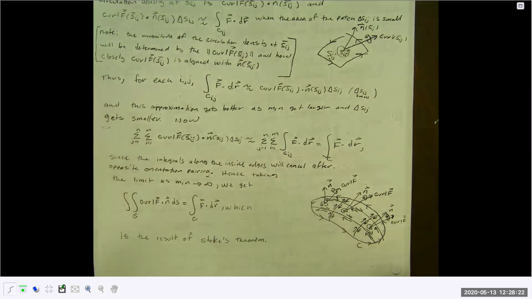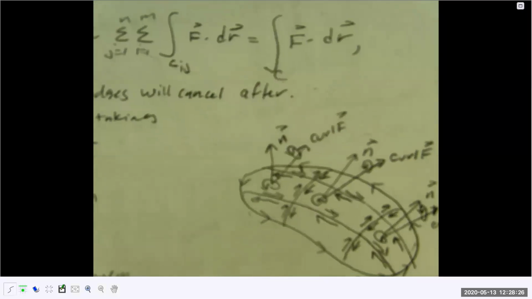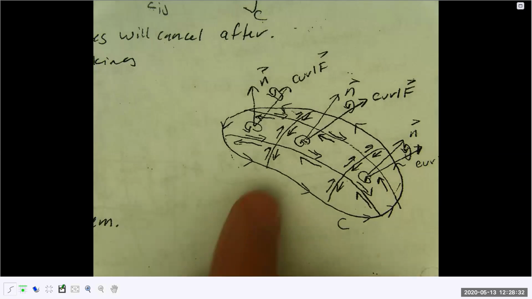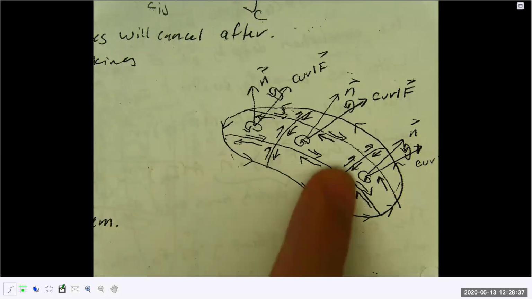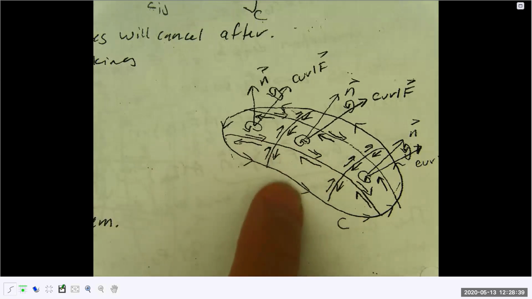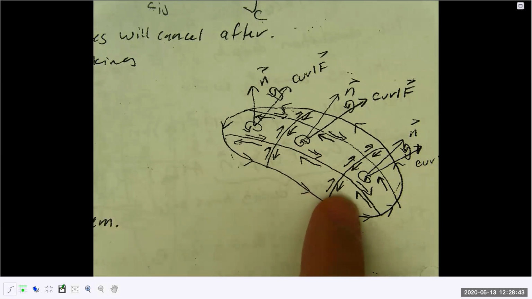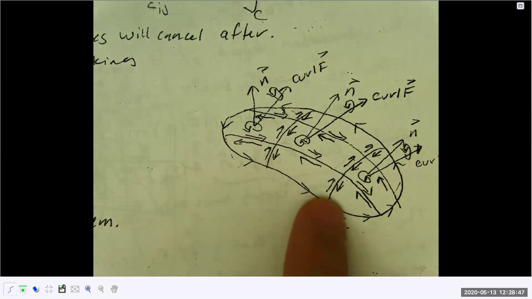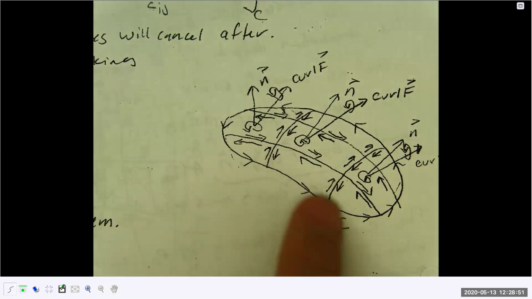But what happens if we look closely at that? Along each of these patches, we have a counterclockwise orientation. But what happens on this part? We can break up the curve over this patch into 4 separate line integrals.